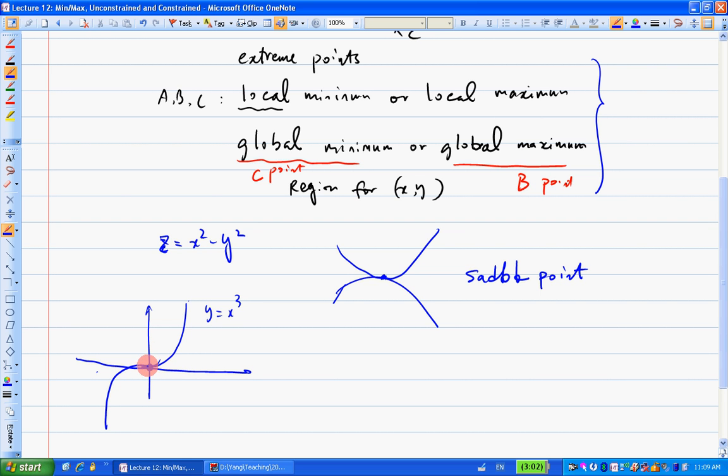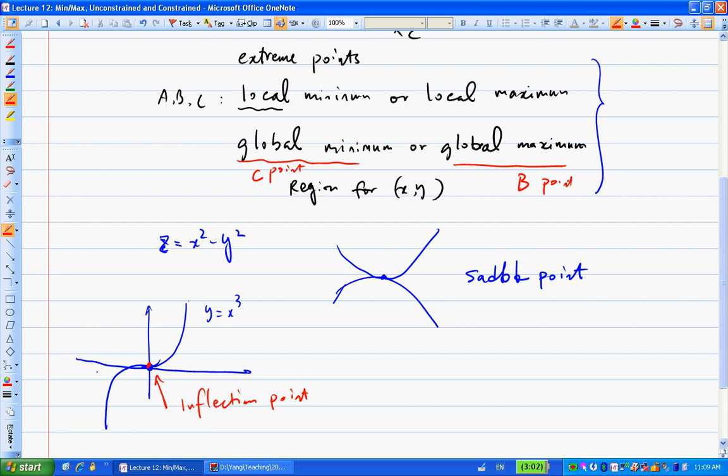So right at this point, if you move in this direction, it goes up for this curve, but if you move in this direction, it goes down, right? So for single variable, remember what do we call this point here?